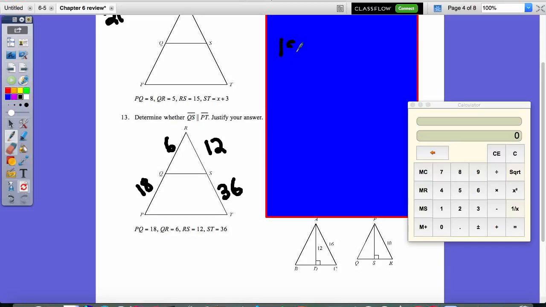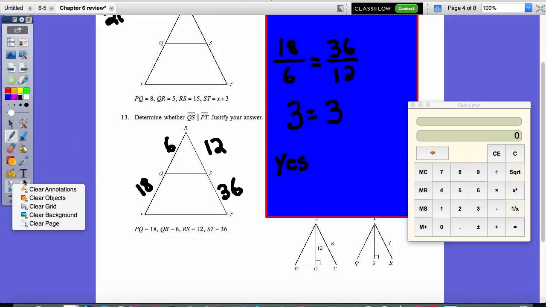So that means that 18 over 6 should be the same ratio as 36 over 12. 18 divided by 6 simplifies to 3. 36 divided by 12 simplifies to 3. And I would say that the answer would be the converse of the proportionality theorem. I think the answer key in class said something a little bit different, but as I told you, I just wanted you to be able to say yes. Really all I was looking for.